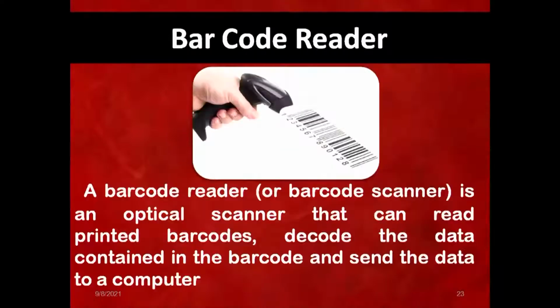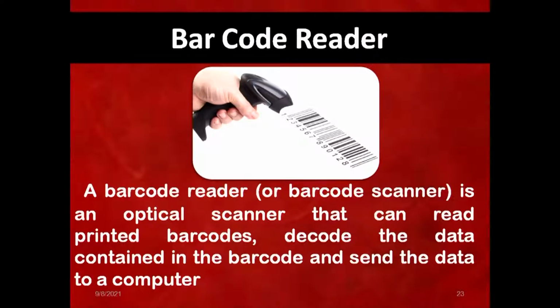The next input device we have is the barcode reader. A barcode reader is also an input device which works similarly to a QR code reader. A barcode reader is also known as a barcode scanner, and it is an optical scanner that can read printed barcodes.